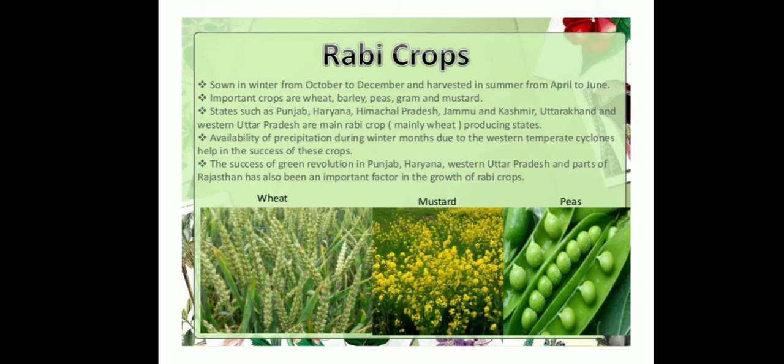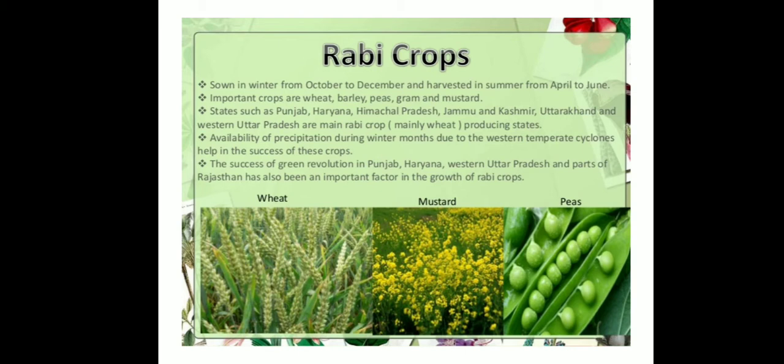Rabi crops are grown. Availability of precipitation during winter months due to the western temperate cyclones helps in the success of these crops. That means the temperature and climate of these states help them to grow.